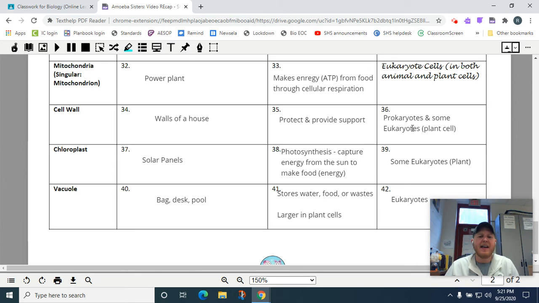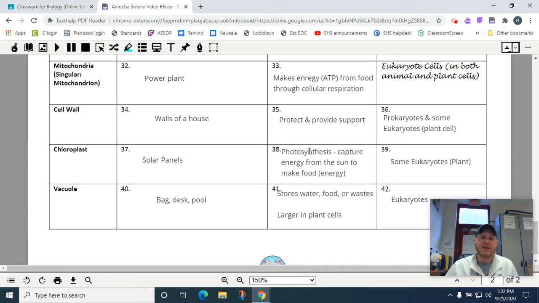Moving on, we have the chloroplast. This is something that's in plant cells, not all eukaryotes, just plant cells. And what this is responsible for is photosynthesis. You should have learned in 9th grade in environmental science, photosynthesis is the process of using sunlight to make something called glucose. That's the plant's food.